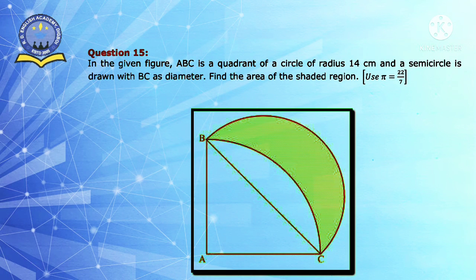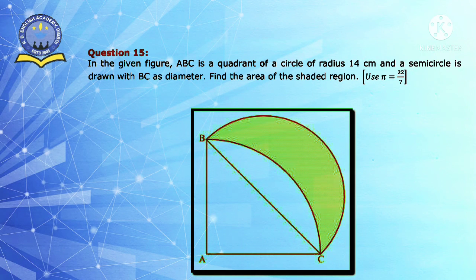In the given figure, ABC is a quadrant of a circle of radius 14 centimeter, and a semicircle is drawn with BC as a diameter. Find the area of the shaded region.